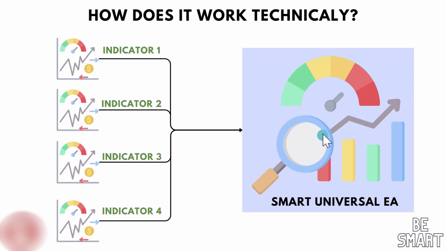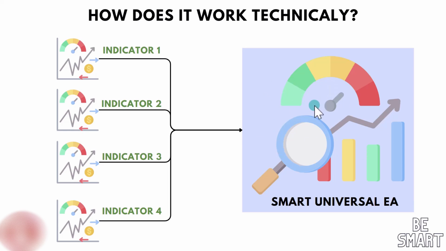And using the indicator, the hardest part is to find the best indicator. I have the Smart Universal Expert Advisor equipped with the Trend Breakout Catcher, which is a really good indicator that catches trades, and it can be used with any kind of setup here.